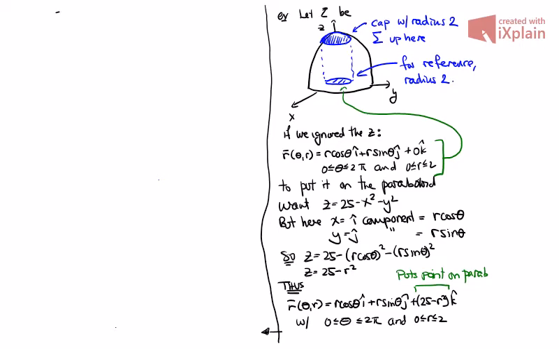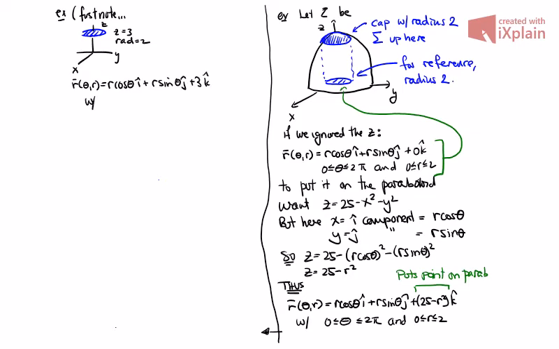The second example that we drew was a disk up at z equals 3, with radius 2. It had the parametrization r of theta, r, which was r cosine theta i plus r sine theta j plus 3k, with theta between 0 and 2 pi, and r between 0 and 2.